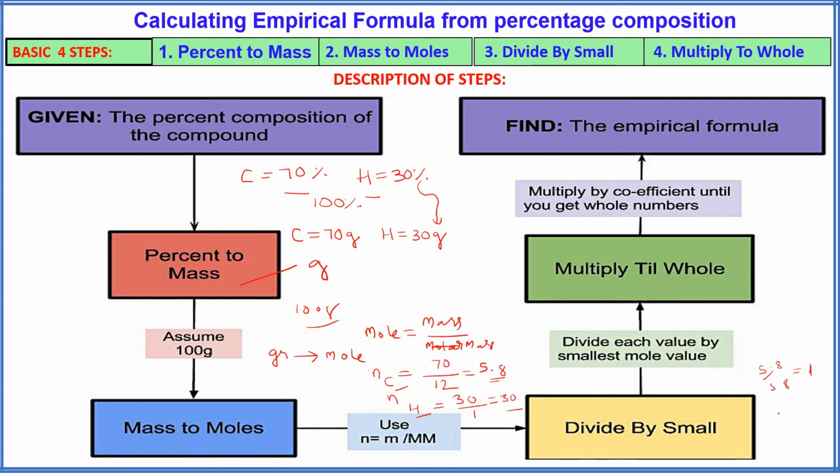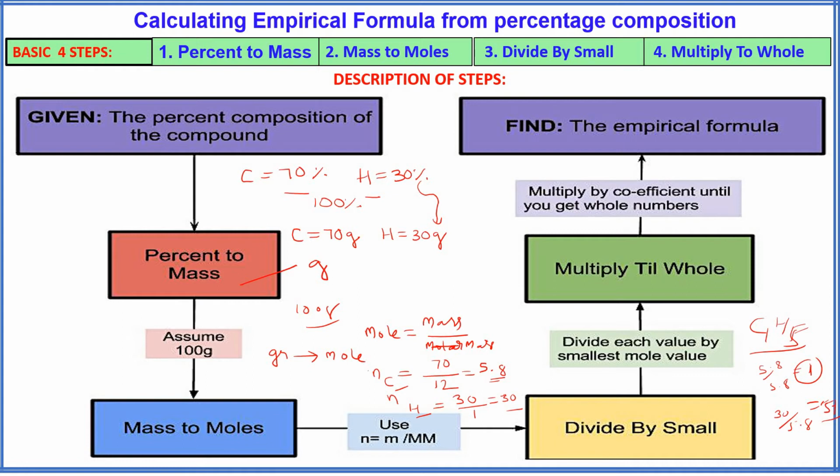For hydrogen, 30 by 5.8 is roughly 5.1, so take 5. So here there is 1 carbon and roughly 5 hydrogen: CH5.